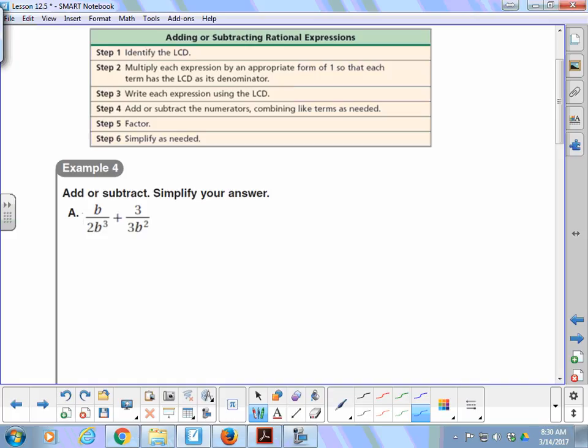If I take a b out of both the numerator and denominator, I have a 1 in the numerator and 2b squared in the denominator. And if we cancel out the 3's, then we have 1 over b squared.